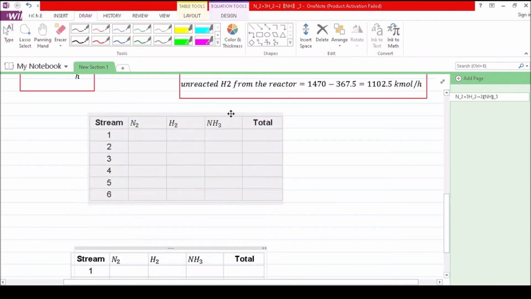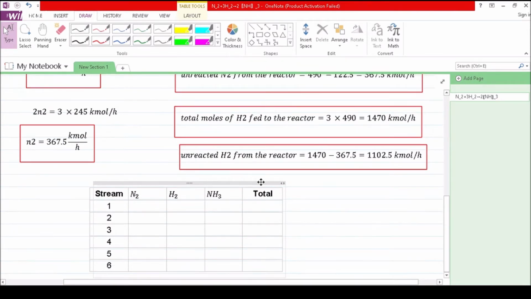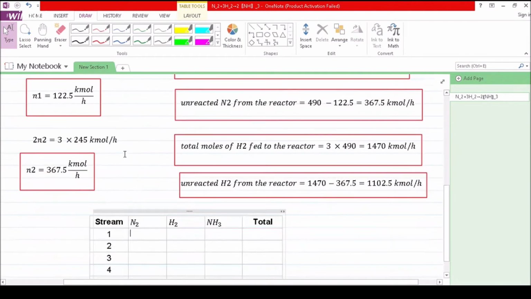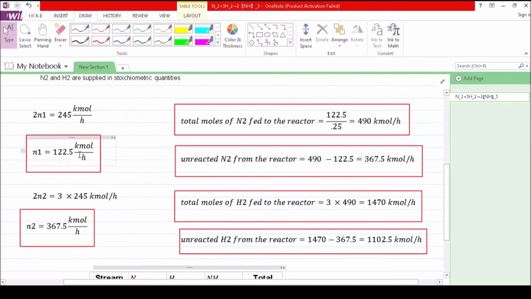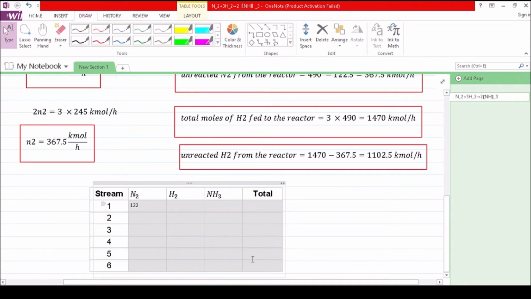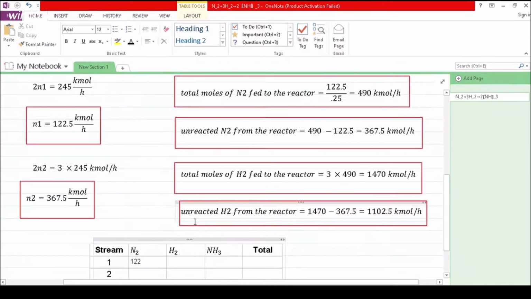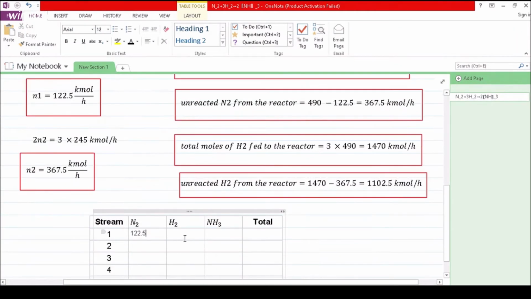put that in a summary table so that we can get a total view of our streams. So for stream 1, we have this amount of nitrogen, 122.5 kilomoles per hour, and we don't have hydrogen and ammonia.